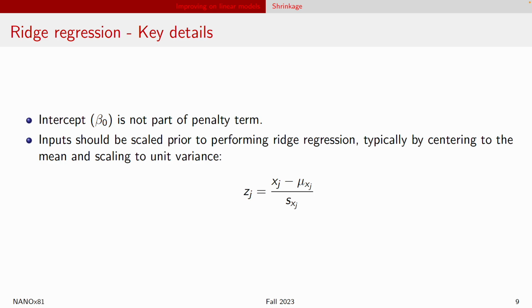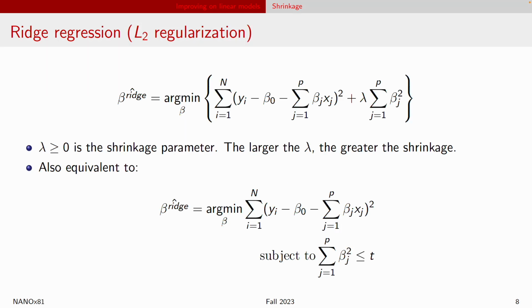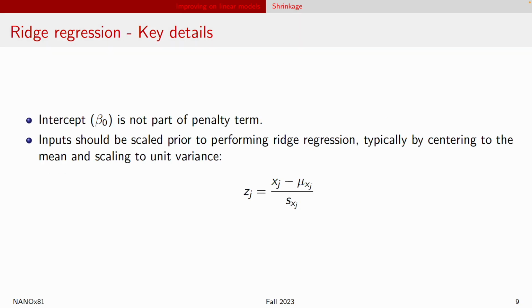So those units will then not affect the penalty, okay? Otherwise, because your coefficients scale with your inputs, you will not get an accurate shrinkage if you do not scale your feature vectors beforehand, okay?